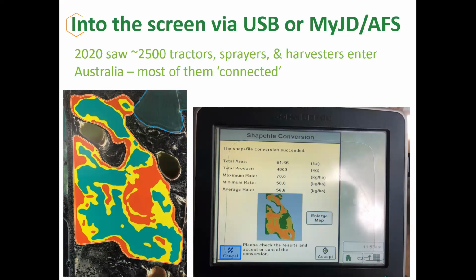You can still obviously use the old way of a USB stick, but all of the software now pretty much operates on a shapefile, and that's really good because now everyone's getting to a common standard, which makes this whole process a lot easier. On Friday, we're actually going to have all the manufacturers talking about how you do this in each of their own machines. So join us on Friday if you want to hear more about that.